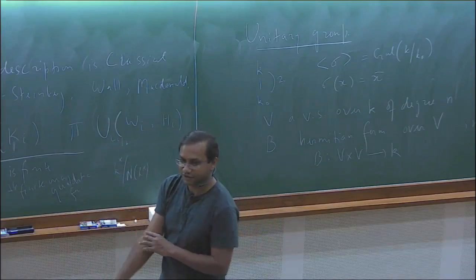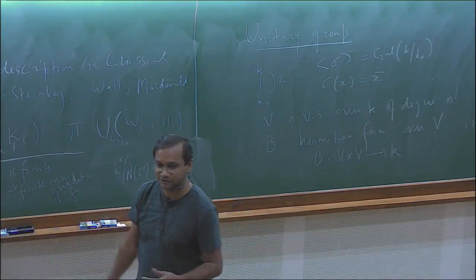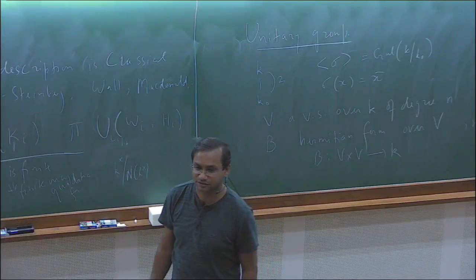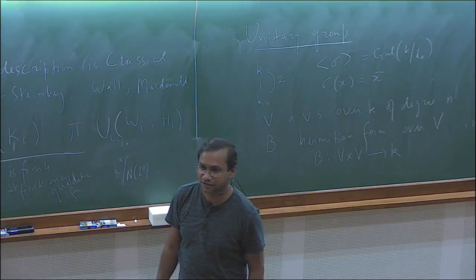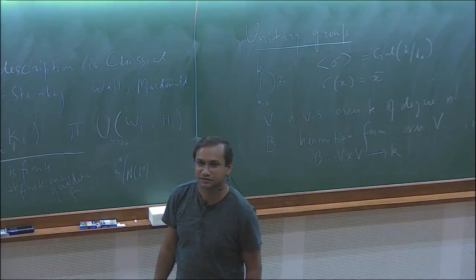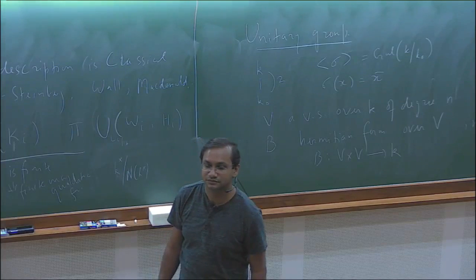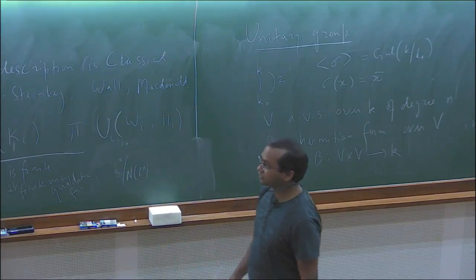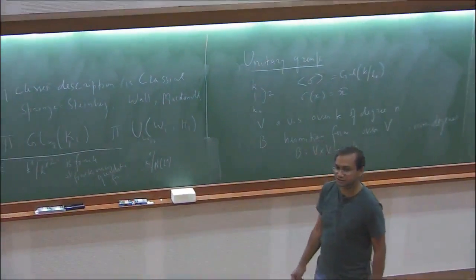Right, so of course, if you look at only semi-simple, it will coincide. But we are counting also all G classes. For GL_n, that's what is interesting.